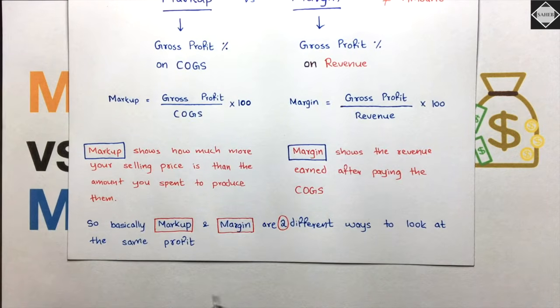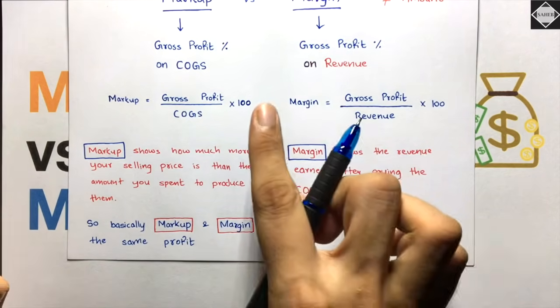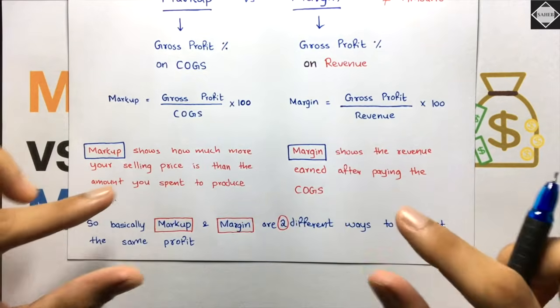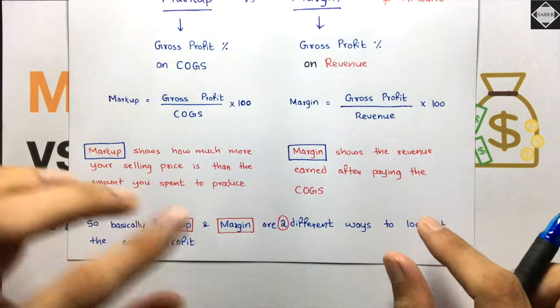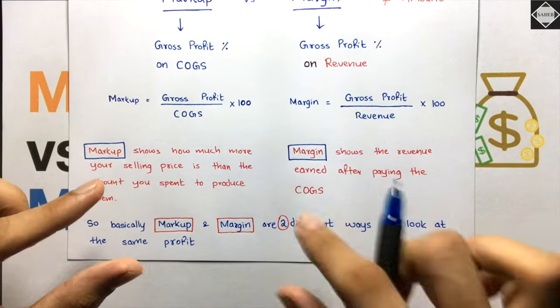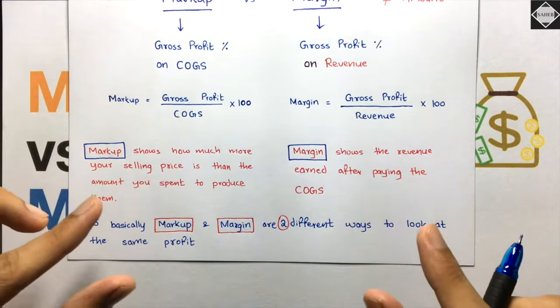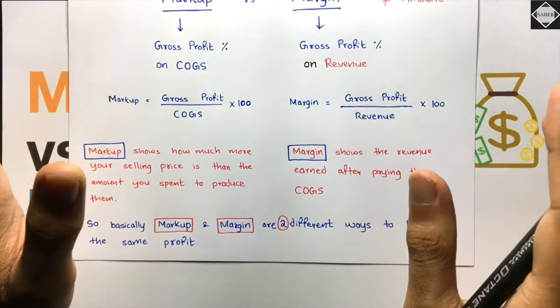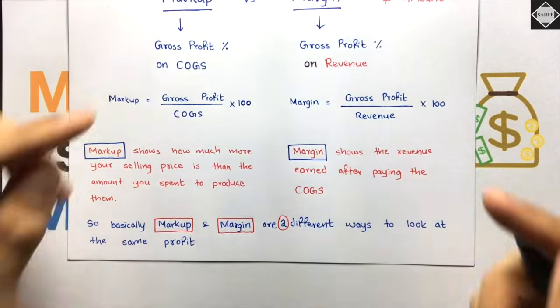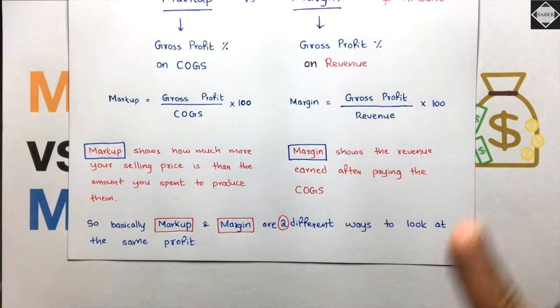For example, let's say gross profit is 100. Then you will have two percentages, markup and margin. When you use those different percentages, you will arrive at the same gross profit, 100, or whatever the gross profit is. Okay, so let's take an example and see this practically.